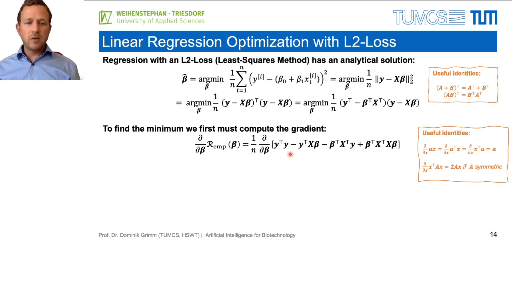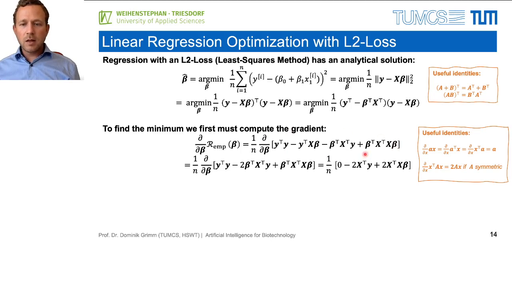So after we simplify this, we get y transposed times y, minus 2 times beta transposed times x transposed times y, plus the rest, beta transposed times x transposed times x times beta. And then we compute the derivative. Here we don't have a beta, so this is 0.